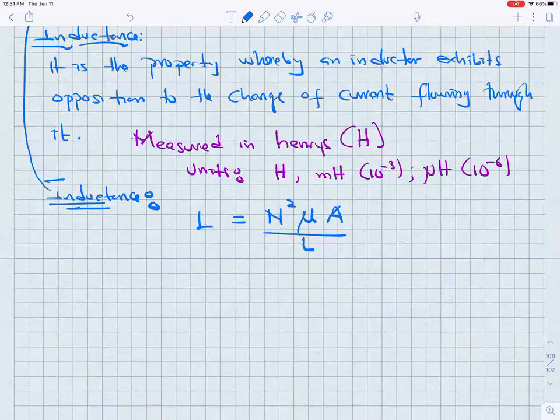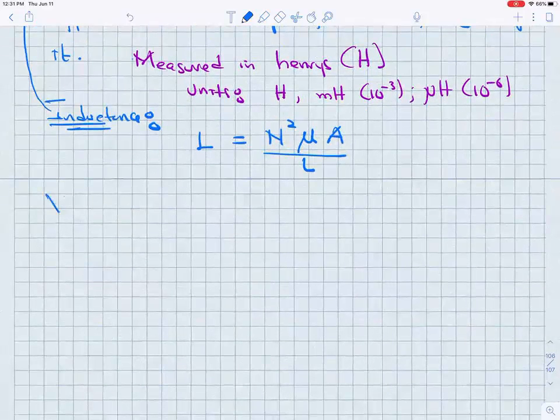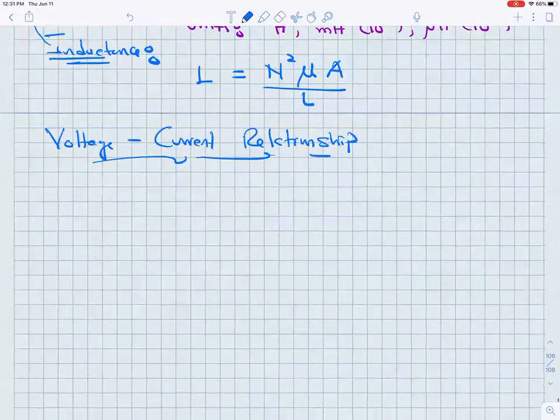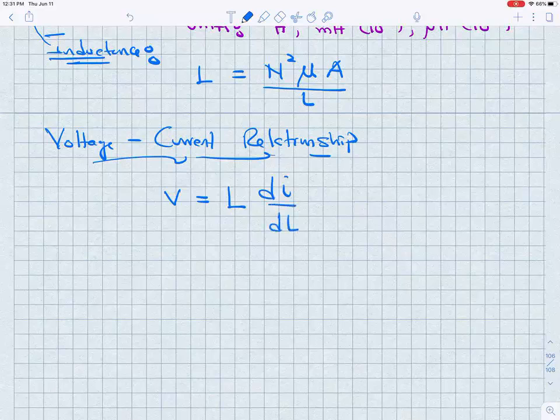The voltage-current relationship for the inductor. For the inductor, we have V, the voltage, equal to the inductance multiplied by the first derivative of the current.